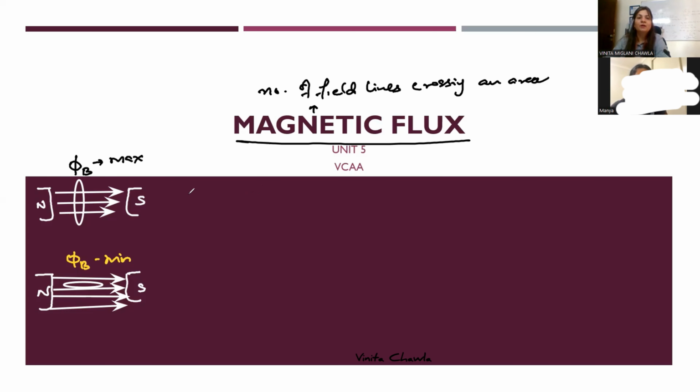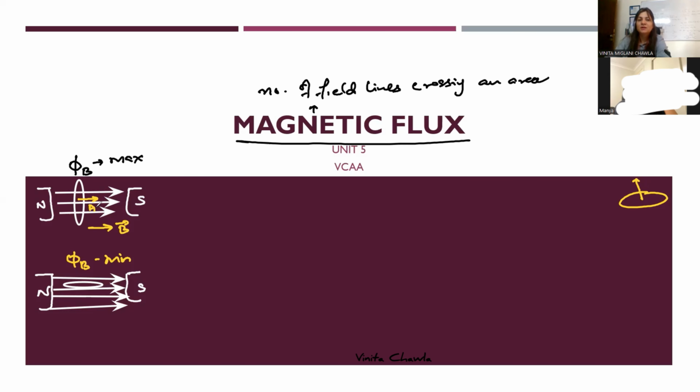Now we can prove it mathematically. And how will we prove it? See, in the first case, if I mark the direction of both the magnetic field intensity and the area vector, then the magnetic field intensity is pointing in this direction, north to south. And the area vector, how do we draw the direction of the area vector? We always draw the direction of the area vector perpendicular to the area, right? This is how we draw the direction. And for this particular coil, how will I draw? Perpendicular to the plane of the coil.